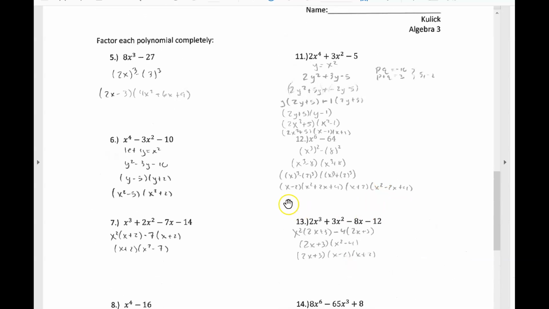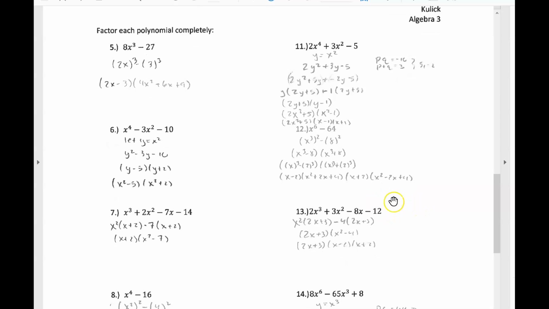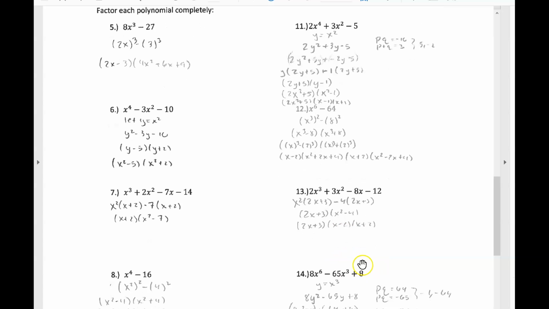For number 11, I got x minus 2 times x squared plus 2x plus 4 times x plus 2 times x squared minus 2x plus 4. For 13, I got 2x plus 3, x minus 2, and x plus 2.